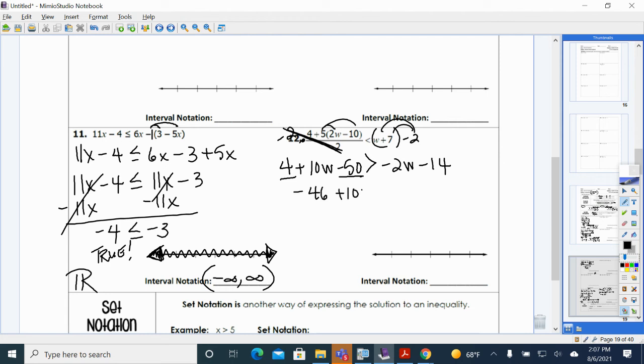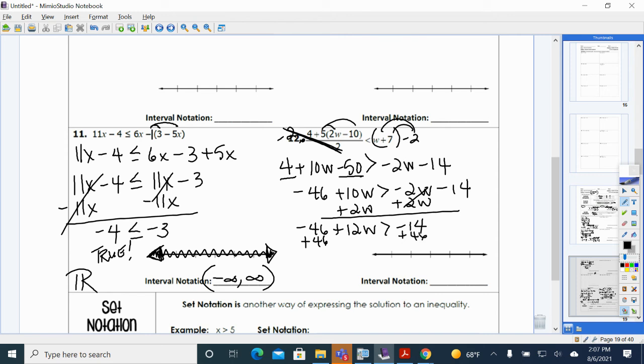Bring down the plus 10w. Then I'm going to add 2w. Then I'm going to add 46.